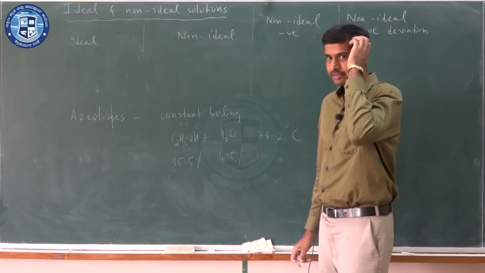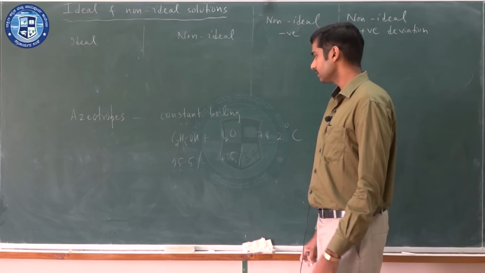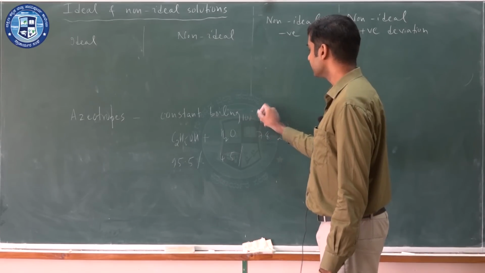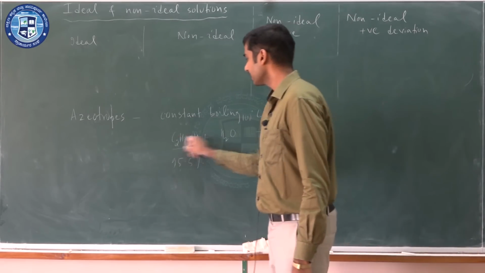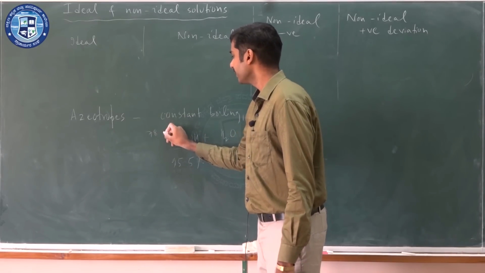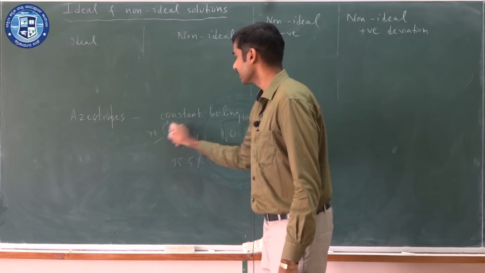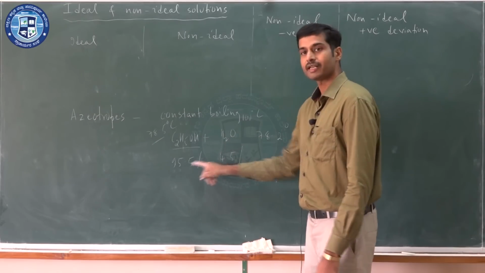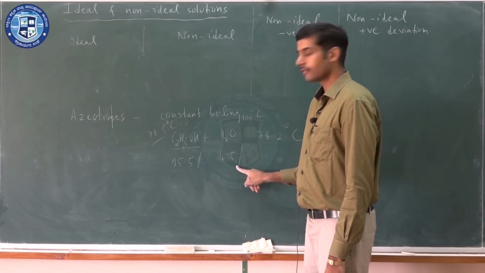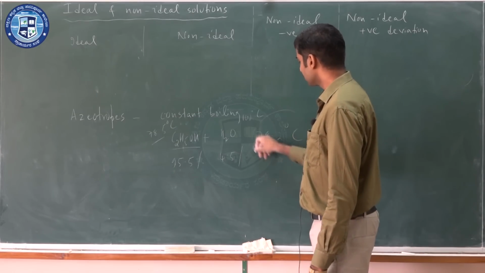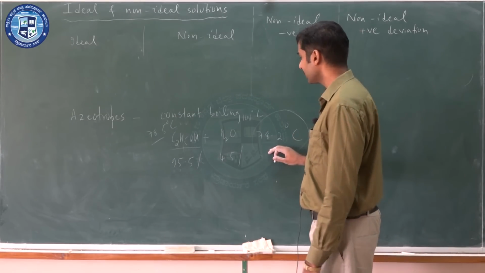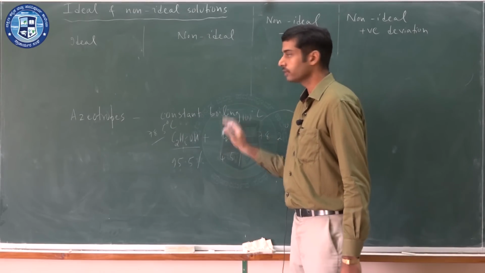Now, what is interesting is you have the boiling point of water as 100 degrees Celsius, the boiling point of ethyl alcohol is 78.5 degrees Celsius, and this particular mixture forms an azeotrope. And what I observe is the boiling point of this mixture is lower than the boiling point of either of the components.